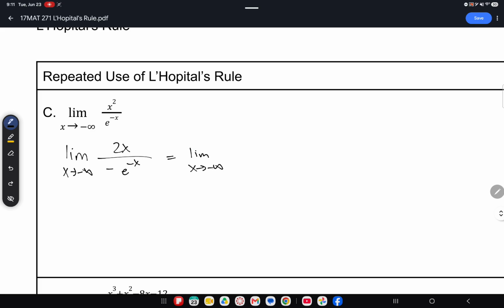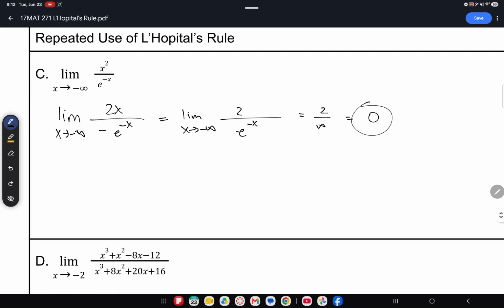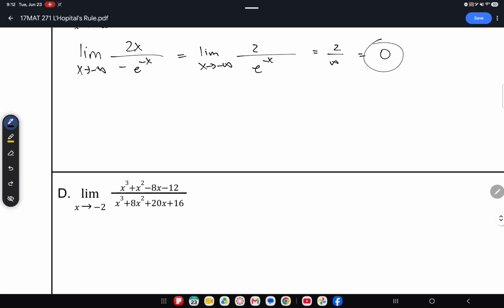Limit as x goes to negative infinity of 2 over e to the negative x. All right. If I plug in negative infinity, that's going to be e to the infinity, right? And that's going to give me basically 2 over infinity, which is going to go to 0. Right? So we can do L'Hopital's multiple times until we get an answer. If we keep getting an indeterminate form, then we're going to want to keep going.